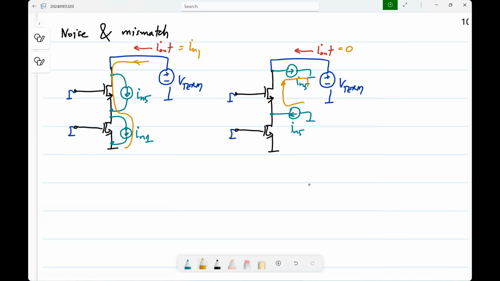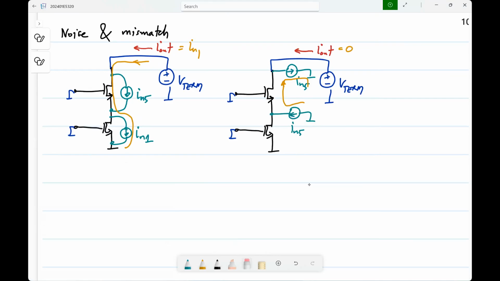Now, we won't have examples like that in our course, but again, why is it that IN5 is going that way? Because the impedance looking down is, here we have considered infinity, but we also have rds1 or gds1, that is also a small conductance. But now, if you have a parasitic capacitance, what happens is it does flow through that. Then it can contribute to the noise. So, you have to be careful at high frequencies.